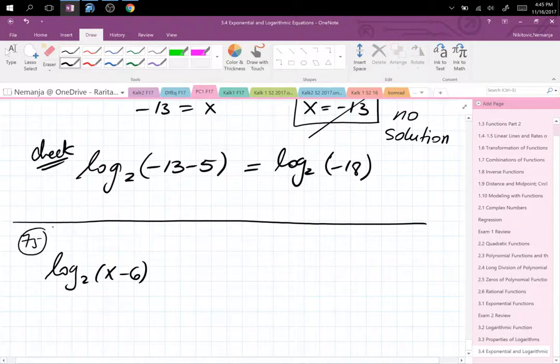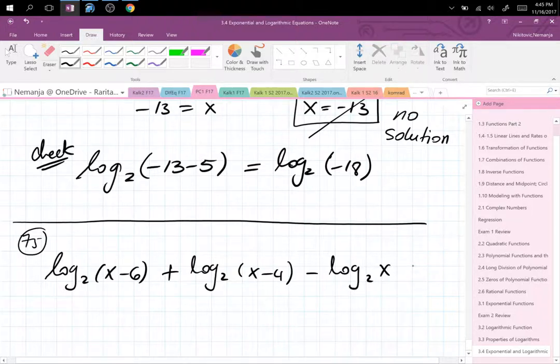So log base 2 of x minus 6 plus log base 2 of x minus 4 minus log base 2 of x equals 2.